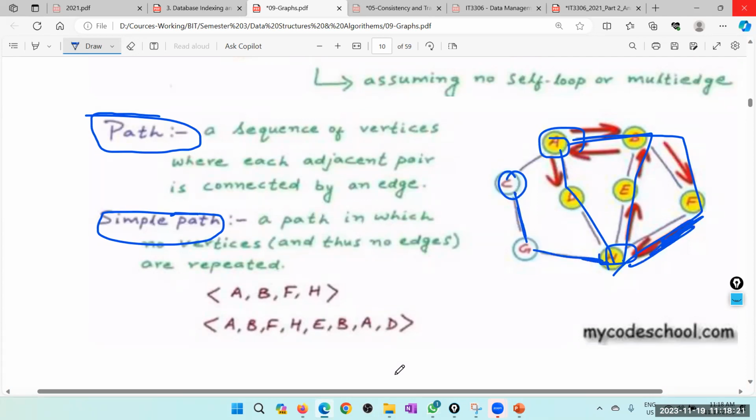It's a simple path because you never repeated any edge or any node, right? So look at ABFH, it's a simple path. Then ABFH, EBAD, ABH, you can look at it, okay? So those are simple paths.